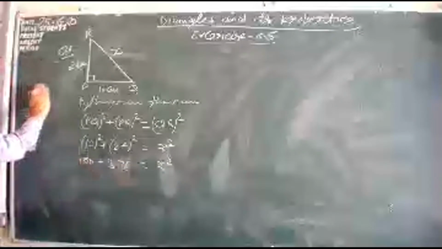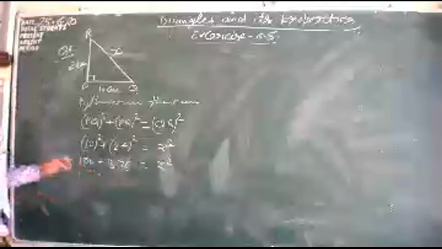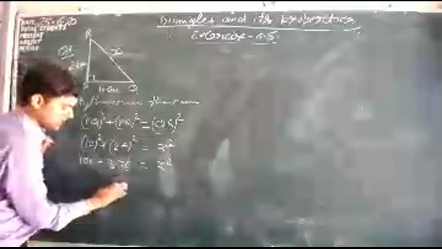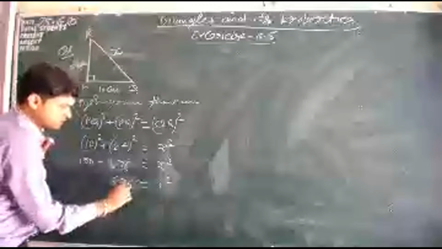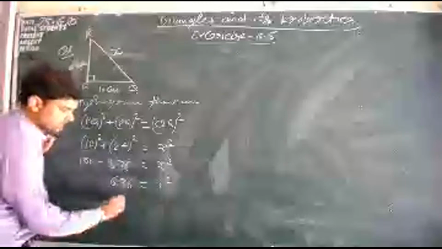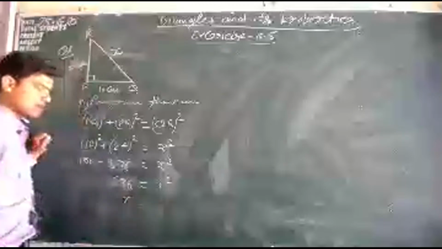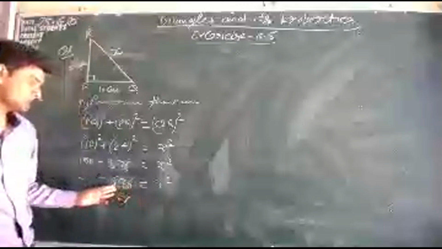Okay, 576. 576, and we have to add these two. x square is equal to 676. Okay, it means x is equal to, हम क्या करेंगे, x square is equal to 676 है.